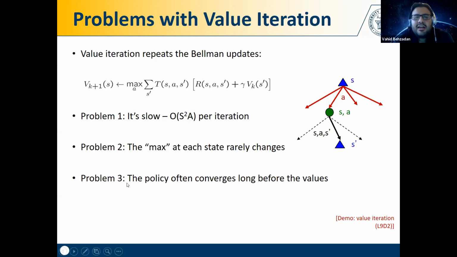So it's not surprising that the policy often converges long before the values. What does this mean? It means that the policy, the function that tells us what action to take, stabilizes sooner than the actual values. It means that we could probably stop the value iteration process earlier and get the same result. We can save some computation time.